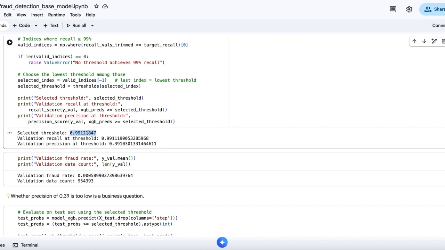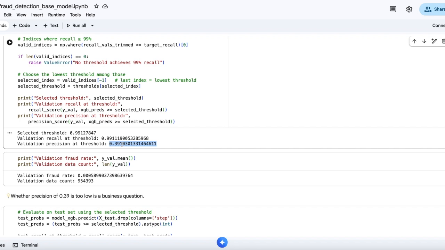If we draw the line here and flag all transactions scoring above this, we'll catch 99.1% of the fraud transactions, and out of everyone we flag, about 40% are actual culprits, while 60% are innocent.